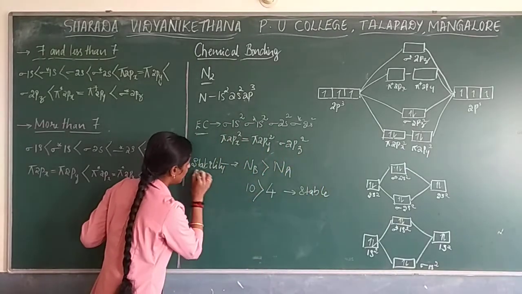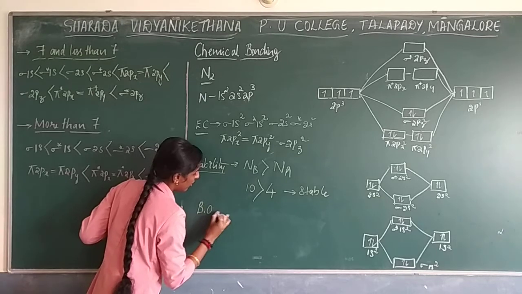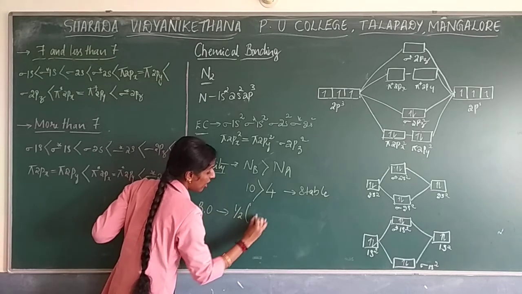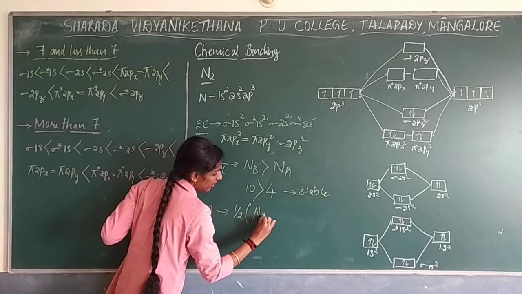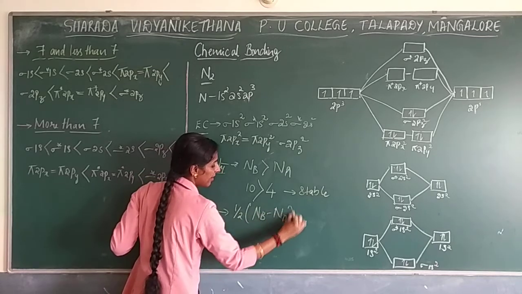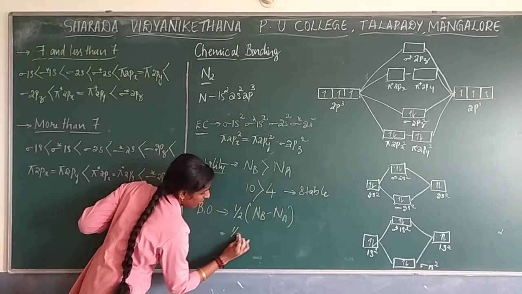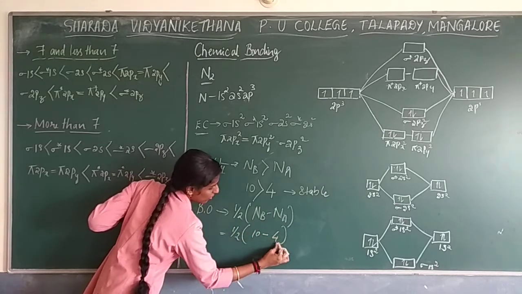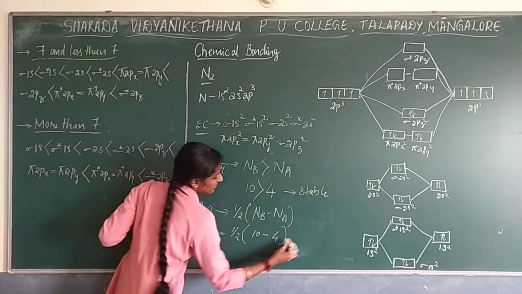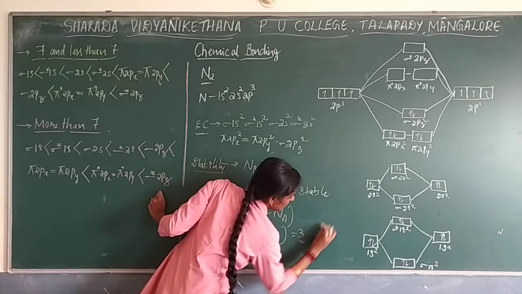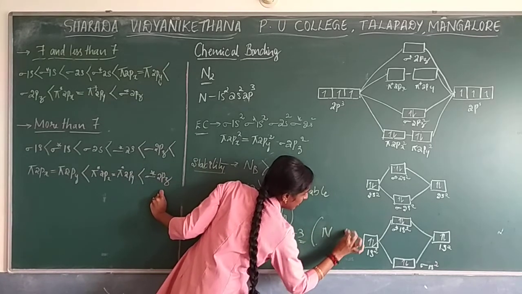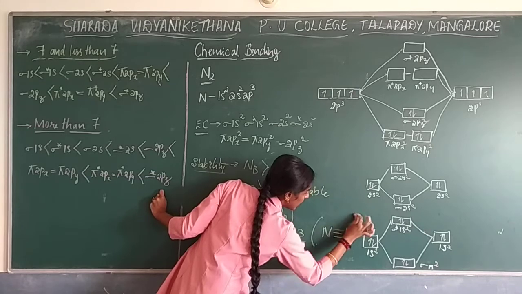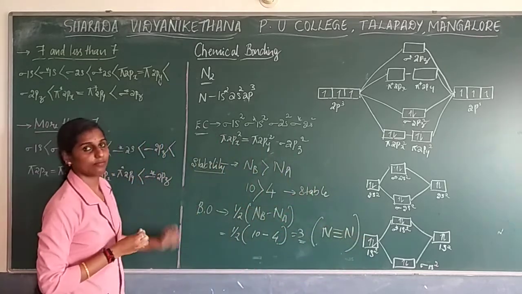Now we will consider the bond order. Bond order is half into Nb minus Na. So half of 10 minus 4, which is 6 by 2, nothing but 3. So between the nitrogen atoms there are 3 bonds; a triple bond is present.